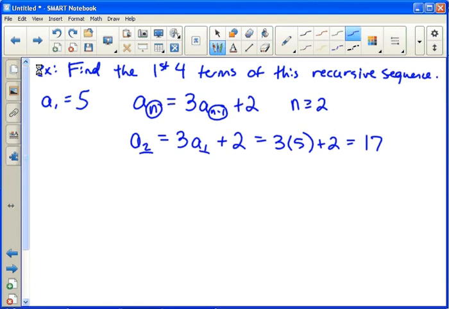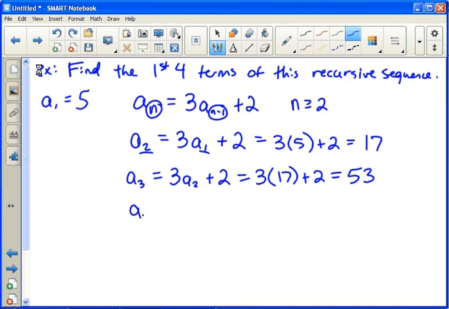And I just found the second term. It's 17. So 3 times 17 plus 2 is 53. And the fourth term, 3 times the third term plus 2. So we get 3 times 53 plus 2. That would give us 161, I believe.